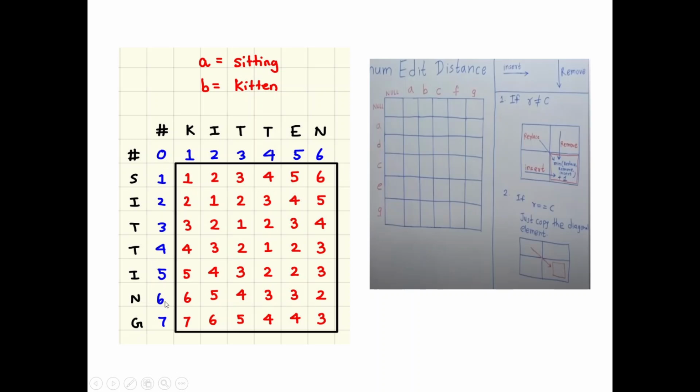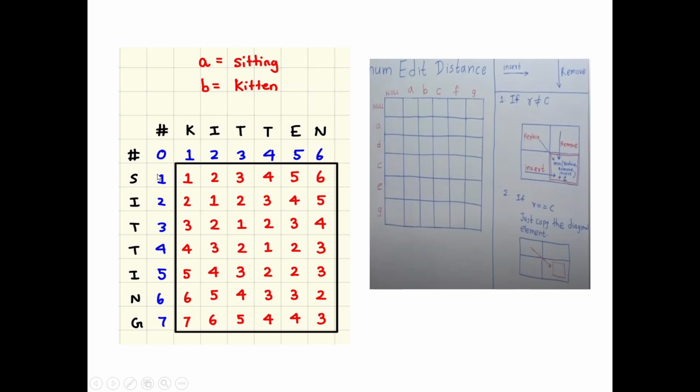Initially we have these values only. Now let us solve the problem with 0, 1, 1. I want to calculate this one. Among these three elements, replace, remove and insert, which one is minimum? 0 is minimum, plus 1.